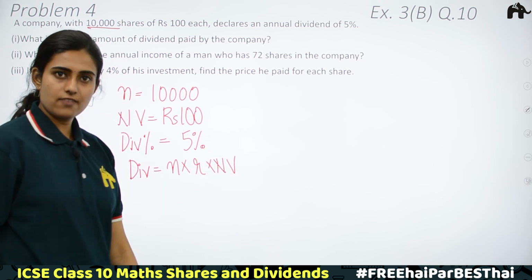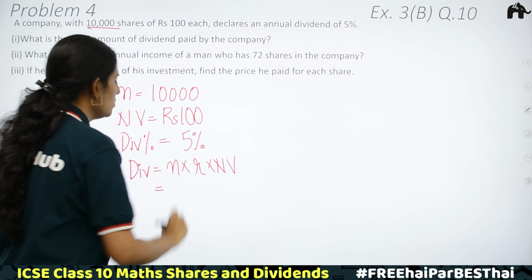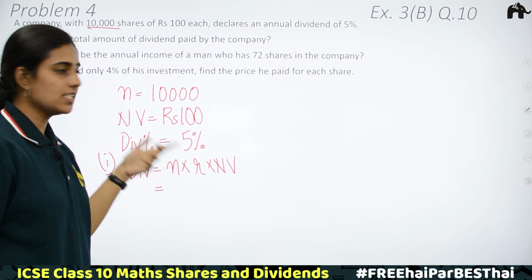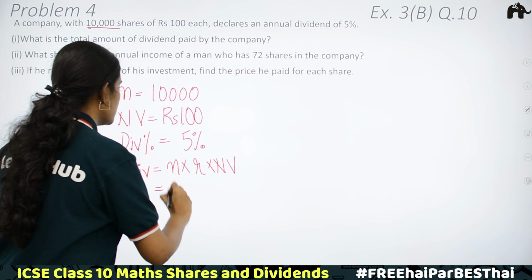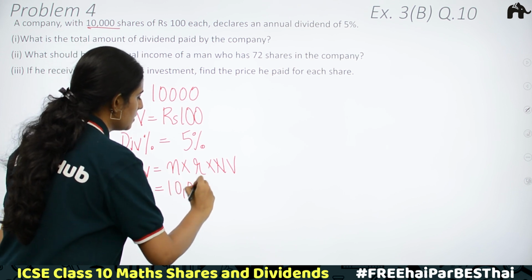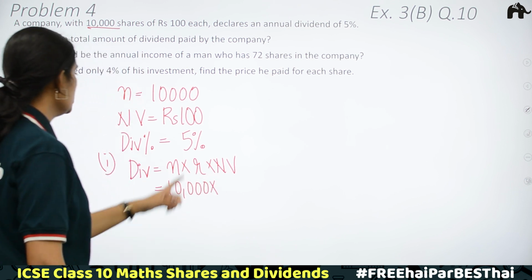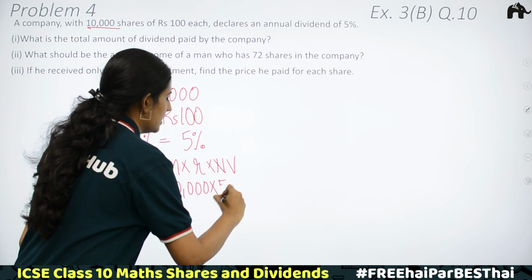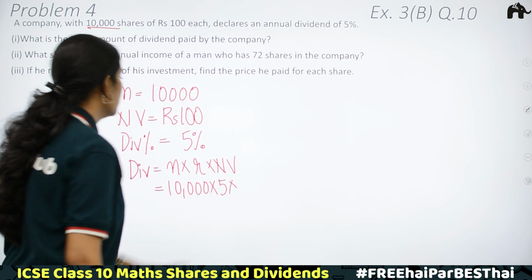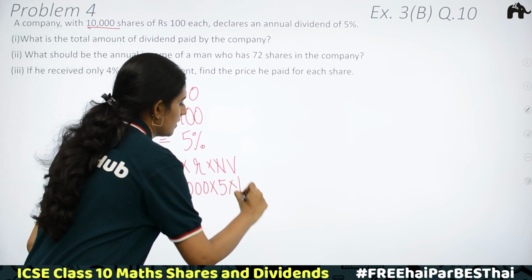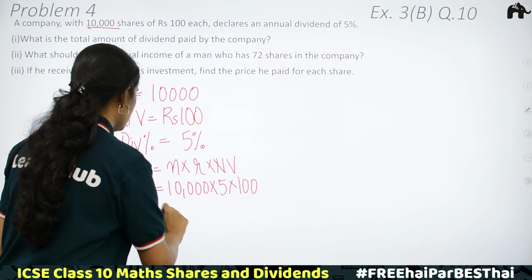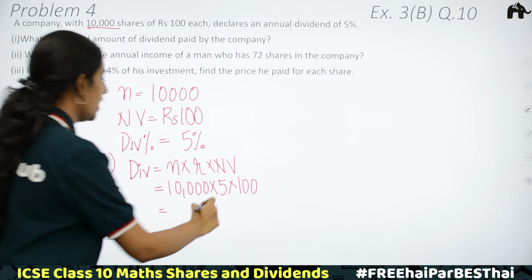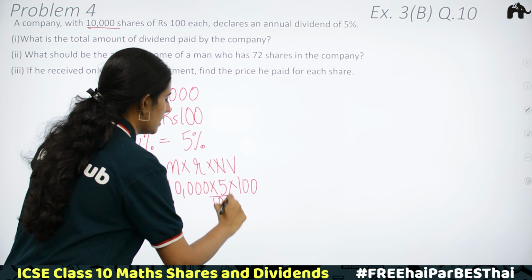Direct question. Dividend, or annual income, is equal to n into r into nominal value of 1 share. Substitute the values. R and dividend percentage are the same. N is 10,000 into R equal to 5, nominal value 100, divided by 100.